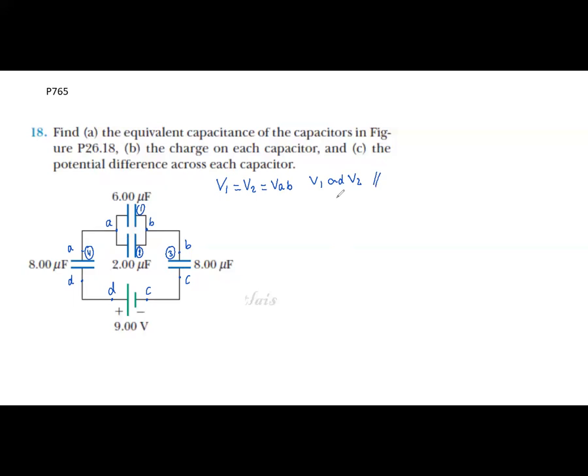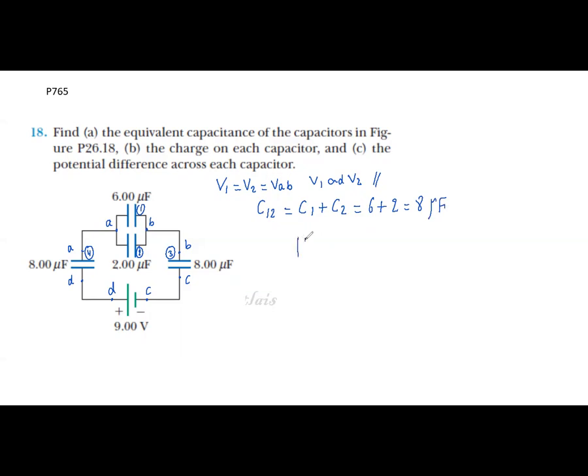In this case, if we want to add two parallel capacitors, C12 equals C1 plus C2, which equals 6 plus 2. We get 8 microfarad.